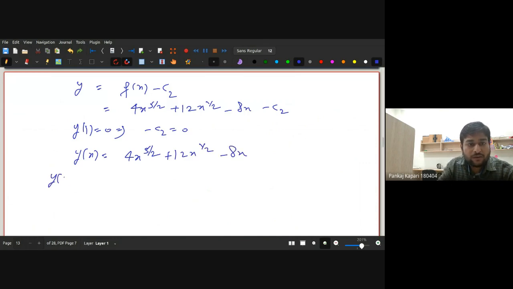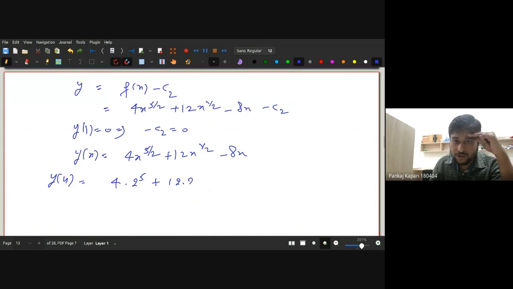Now we have to find it at x equal to 4. So at x equal to 4, this is 4 times 2 to the power of 5, plus 12 times, what is x to the power half? X to the power half means the square root of x, which is 4. So square root of 4, which is 2. And here again 8 times 4.